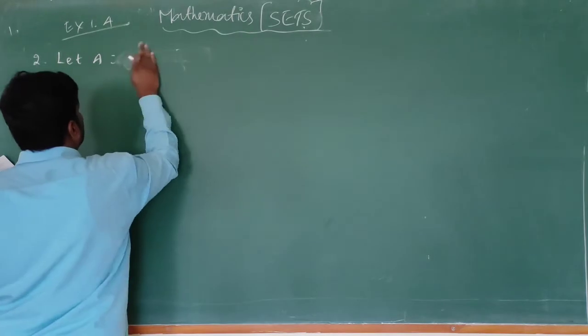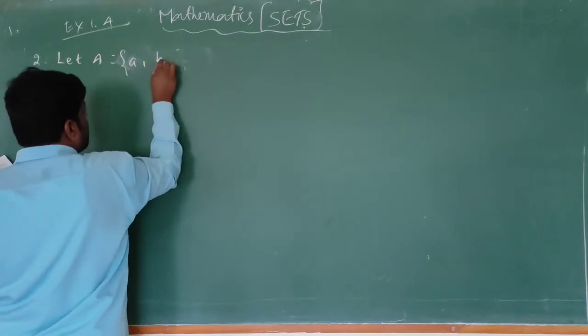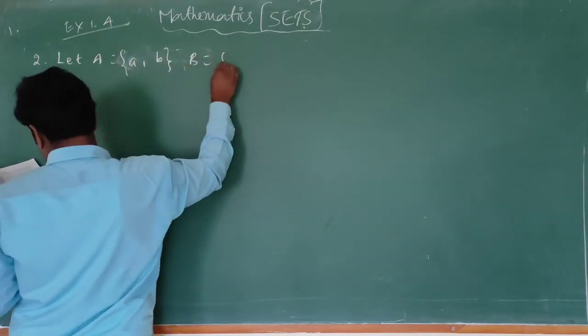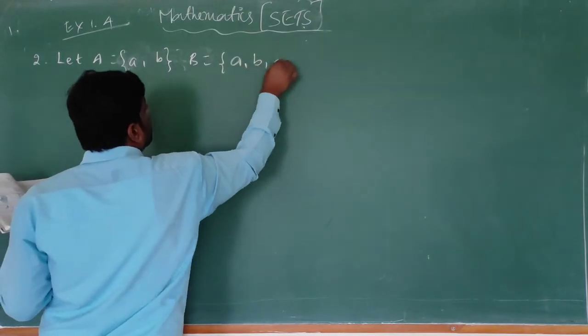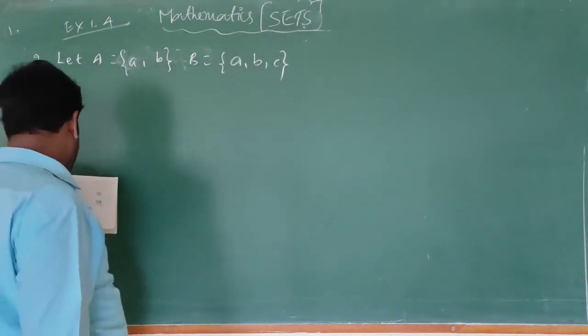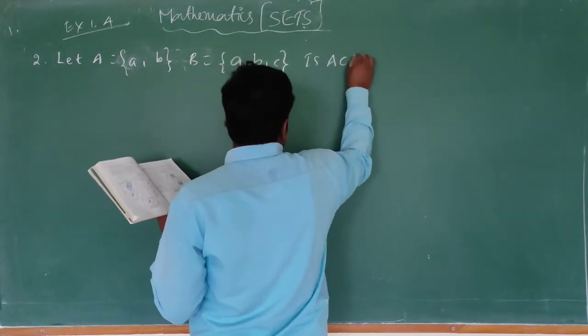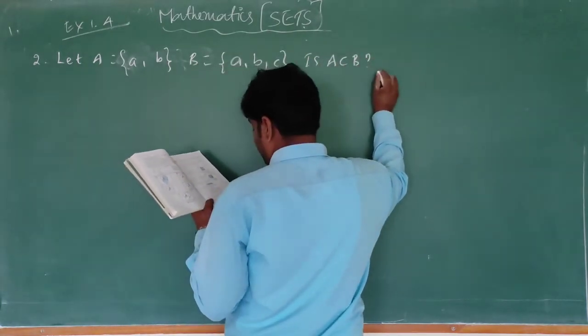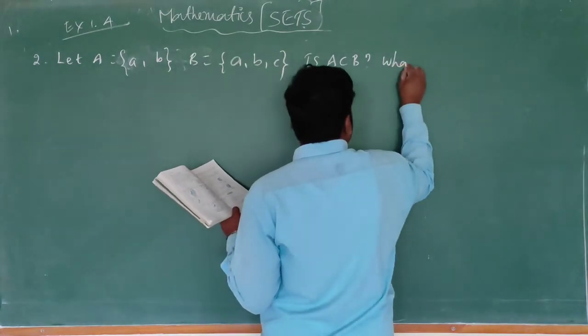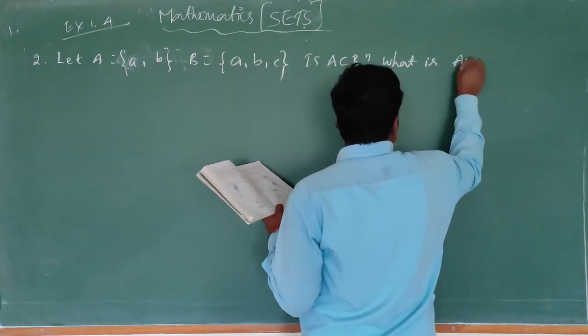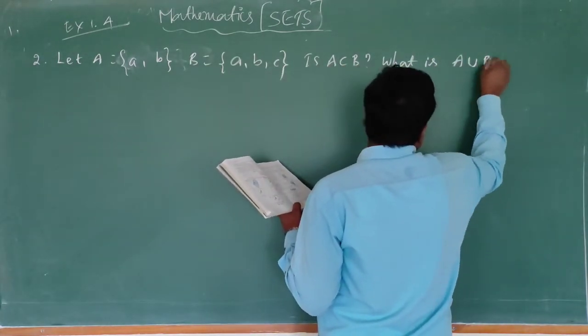Let A is equal to {a, b}, B is equal to {a, b, c}. Is A a subset of B? What is A union B?